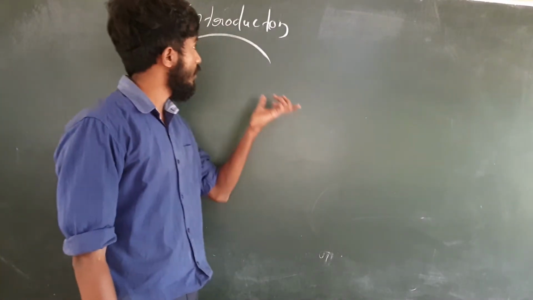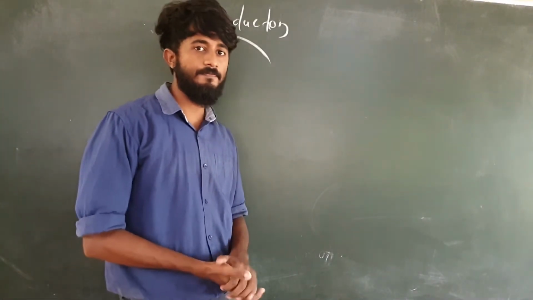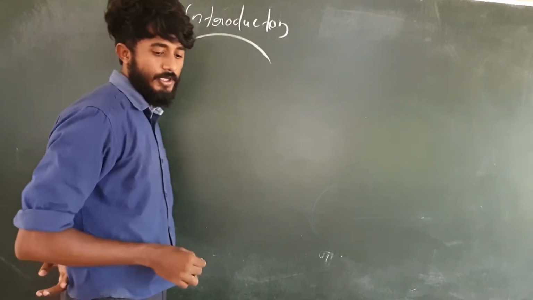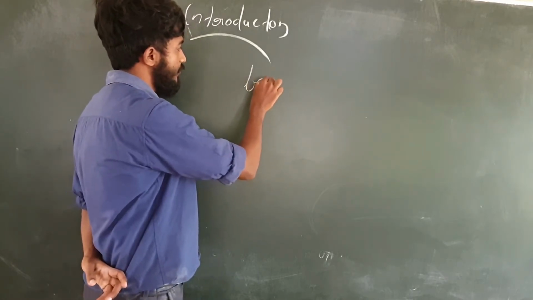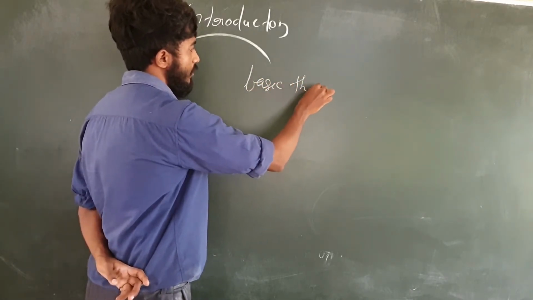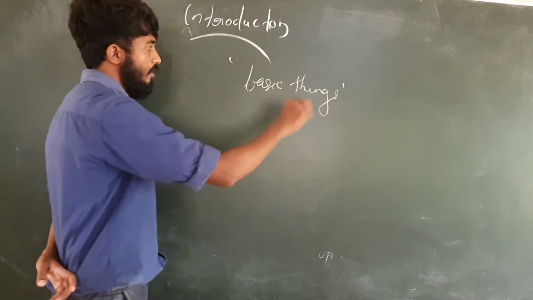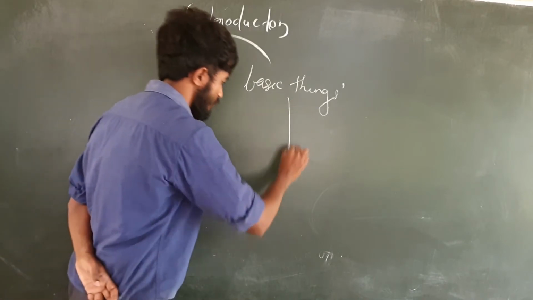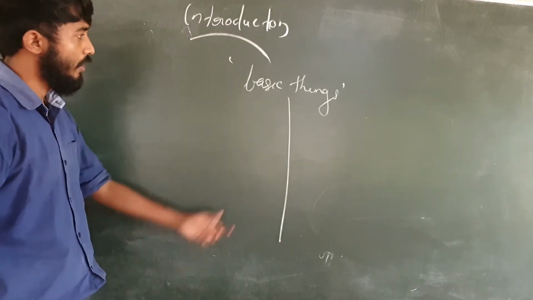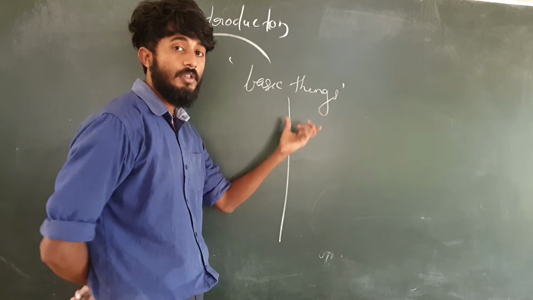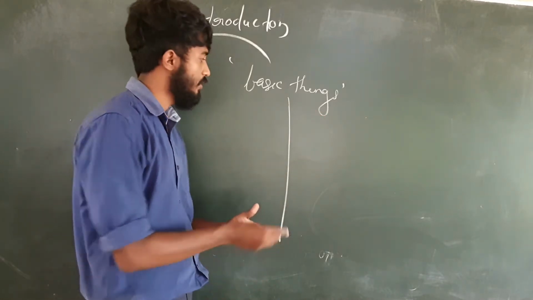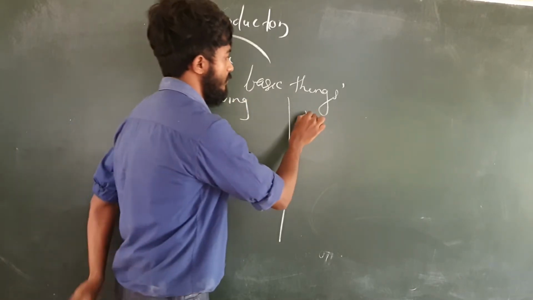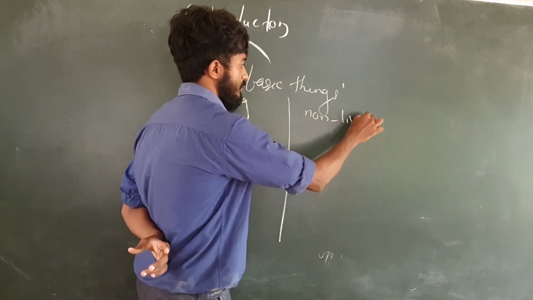Okay, students, so let's have an introduction to this chapter. First of all, I would like to ask you a question: what are the basic things that distinguish living things from non-living things?